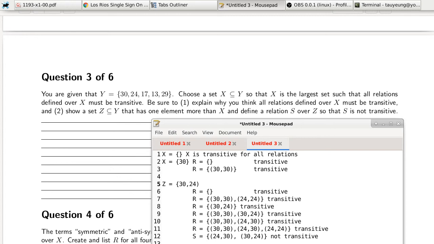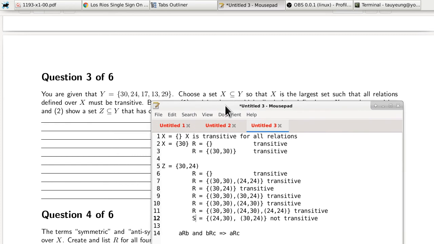This way we can prove that when you have a set of two elements or more, then you can no longer claim that all relations defined over this particular set have to be transitive. So just change this: those can all be R, but this one has to be S because it is not transitive. So that answers question number 3.